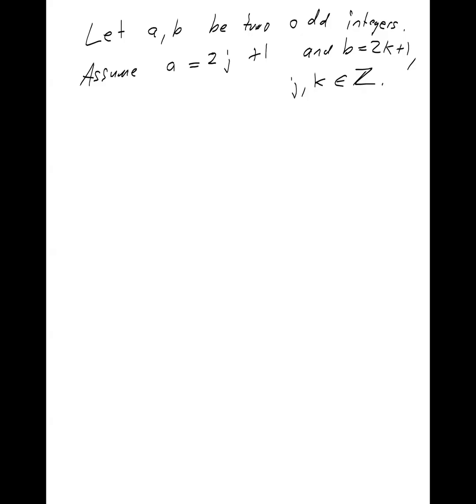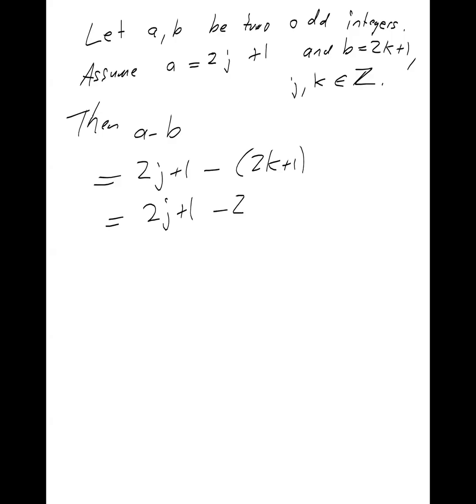Now let's subtract them. So A minus B is equal to 2J plus 1 minus 2K plus 1, right? Which is equal to 2J plus 1 minus 2K minus 1, which is equal to, what is 1 minus 1? 0.